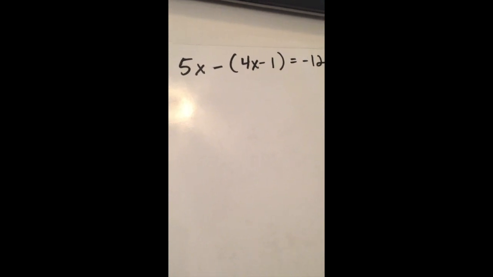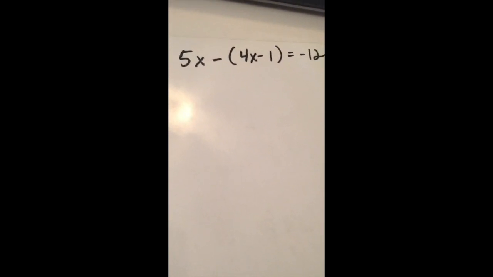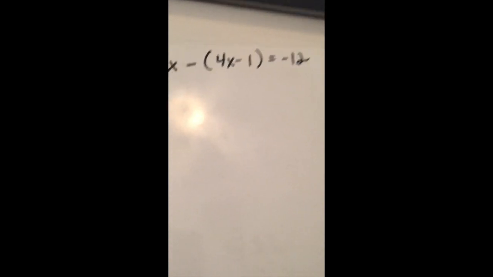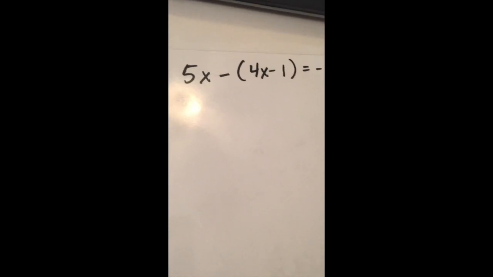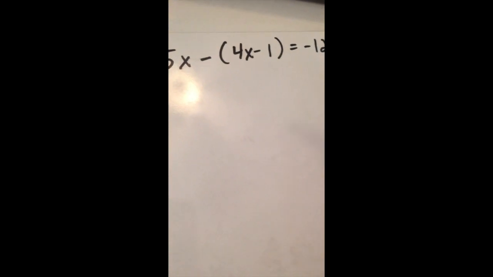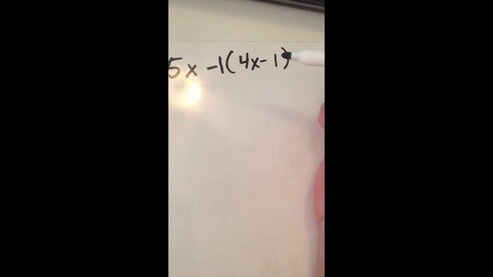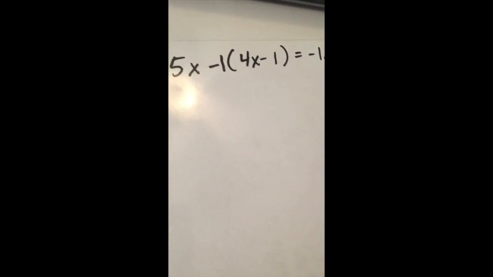Okay, for number 6, we have 5x minus 1 times 4x minus 1 equals negative 12. So if you need to, okay, there's an invisible 1 there. So if you want to put a 1 there, you can. You don't have to. It's up to you.